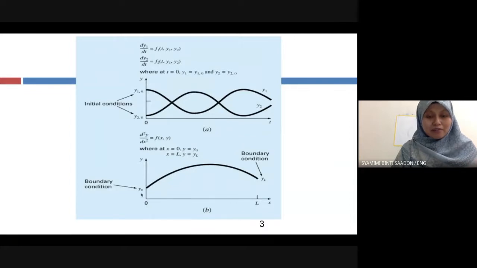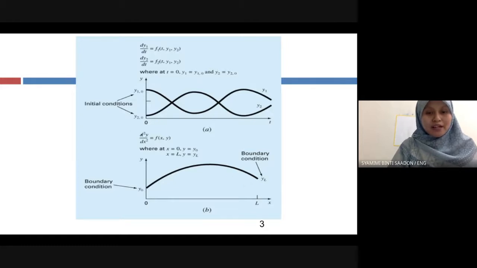For example, the first one is at the initial point, and the other one is at the end, at the extreme point, at the final point. For example, we have a distance L from 0 to L. So we are given the value of y at the initial point 0 and at the final point L. So this is a boundary value problem.